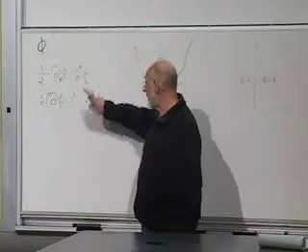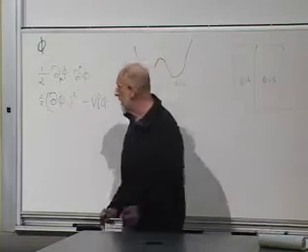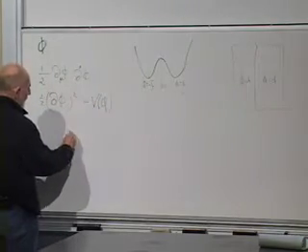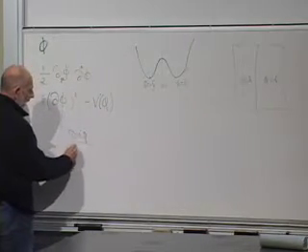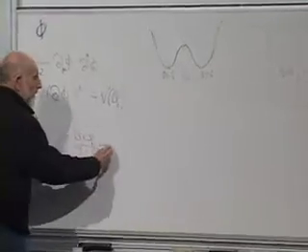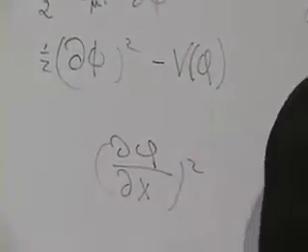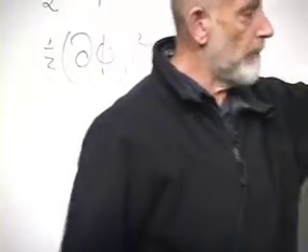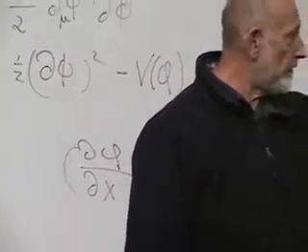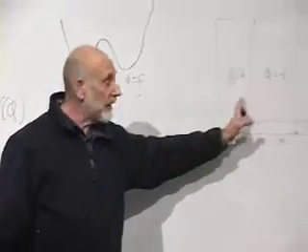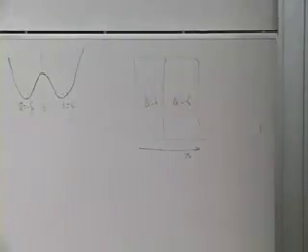What about the terms in the energy proportional to, let's say, the derivative of phi with respect to x squared? This direction could be x. Then there's a huge jump, or a very sudden jump in phi going from here to here. A sudden jump means a large derivative.